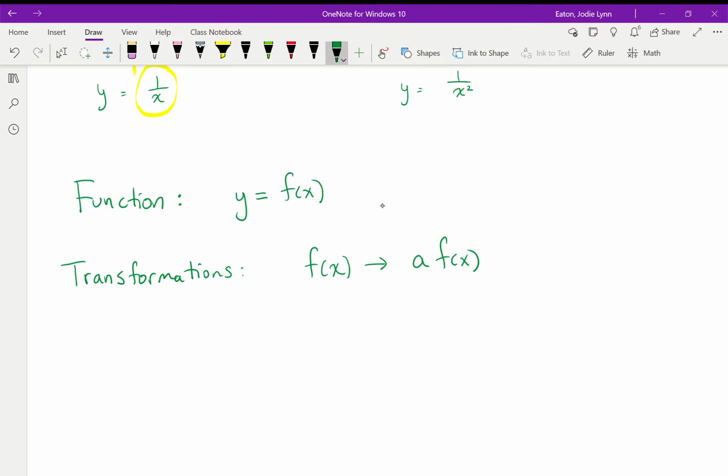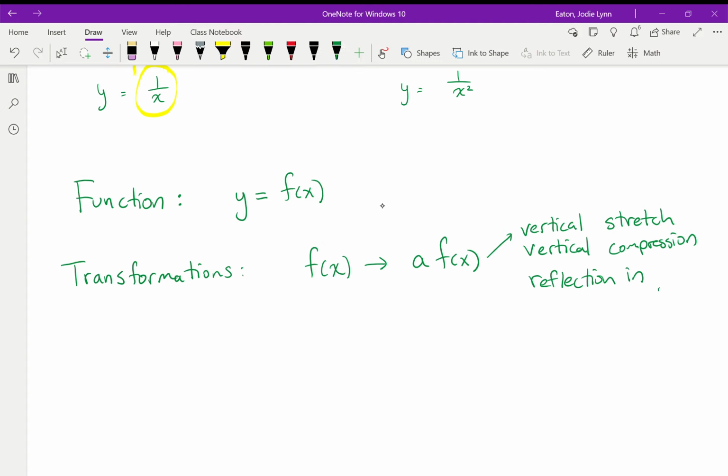This gives us a vertical stretch, a vertical compression, and possibly also a reflection in the x-axis, in the y direction.